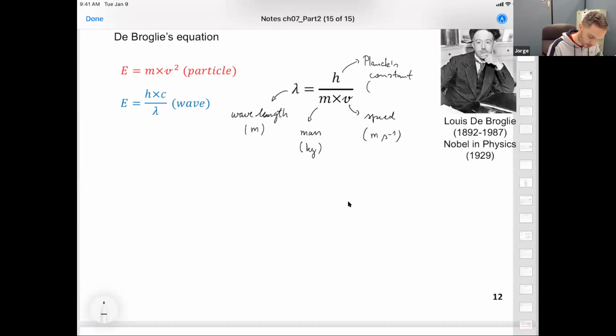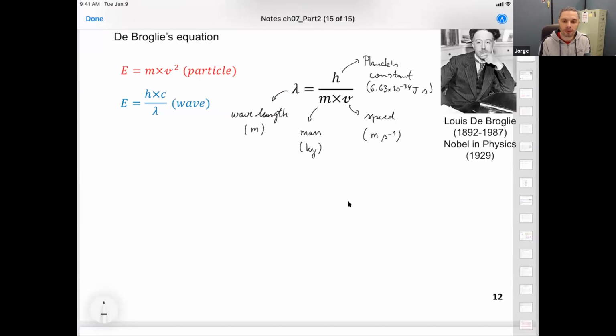Planck's constant is 6.63 times 10 to the minus 34 joules times seconds.